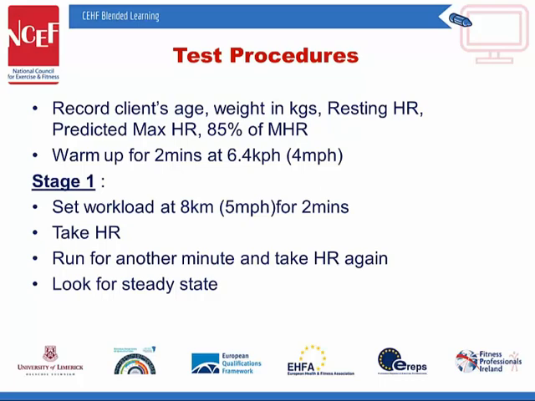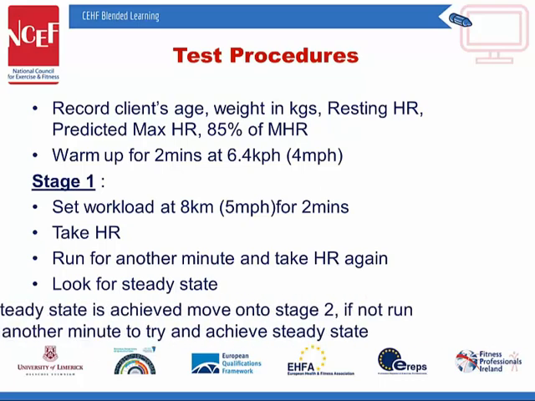We discussed steady state in an earlier lesson, and if you remember, it is oxygen supply equals demand. And how we know we have steady state is if the 2 heart rates are within 5 beats of each other. So if the heart rate after minute 2 and the heart rate after minute 3 are within 5 beats of each other, we have steady state and we can move on to stage 2.